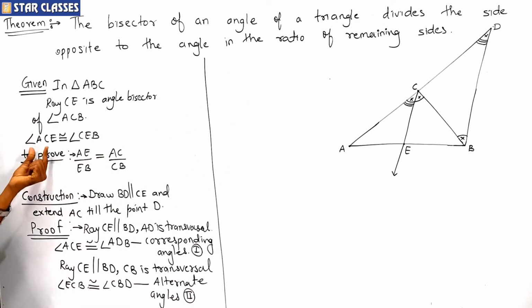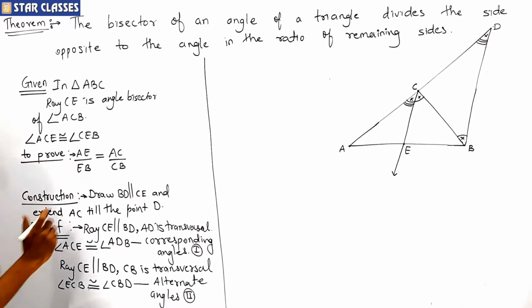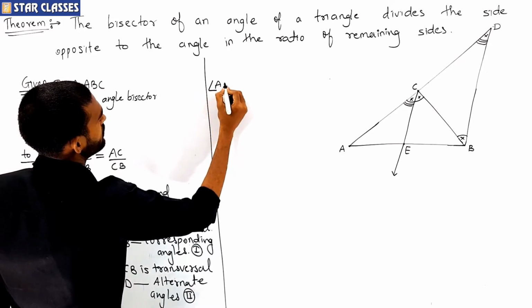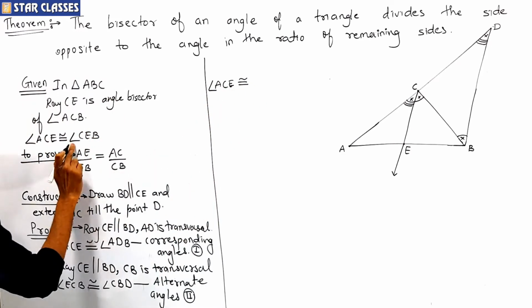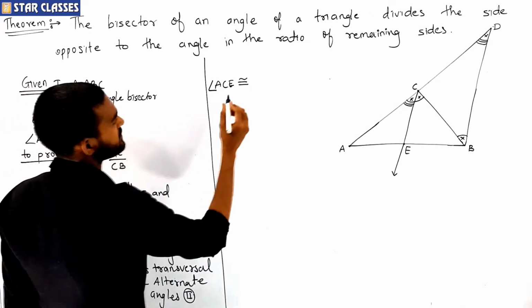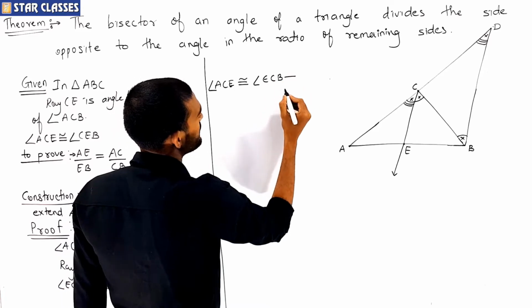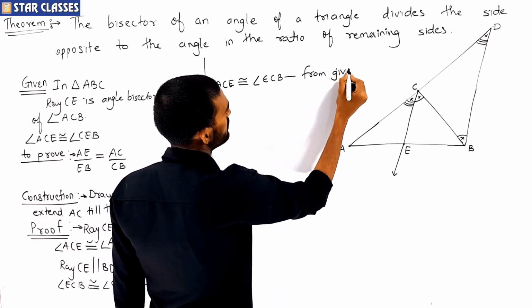What do we know? We know that angle ACE, so I'll mention here again, angle ACE is congruent to angle ECB. Reason: from given.